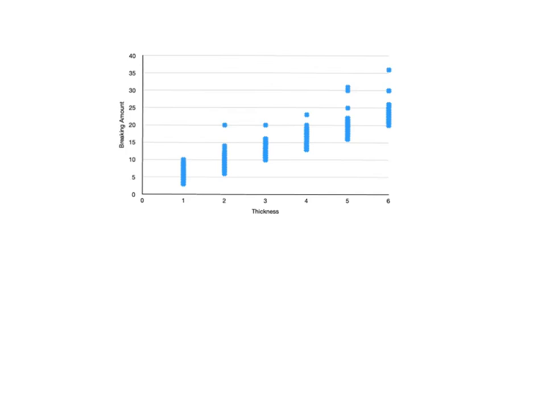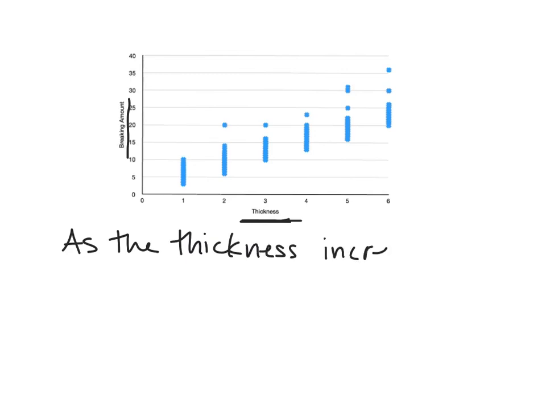So this is comparing thickness and breaking amount. We always start with the x value first, the independent value. So we would say as the thickness increases, we want to then say what happens to the breaking amount.